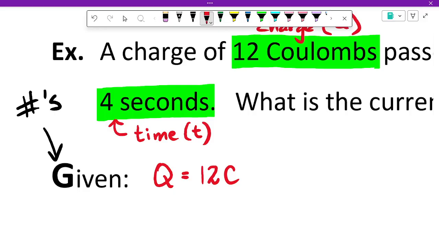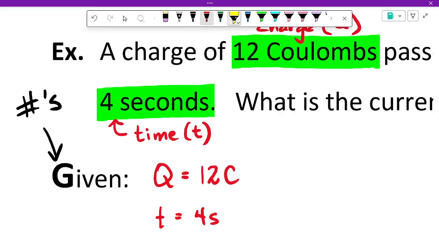Okay. And if you got stuck, time is what is measured in seconds, and its abbreviation is T. So we're going to write down our second given, T is equal to 4 seconds.